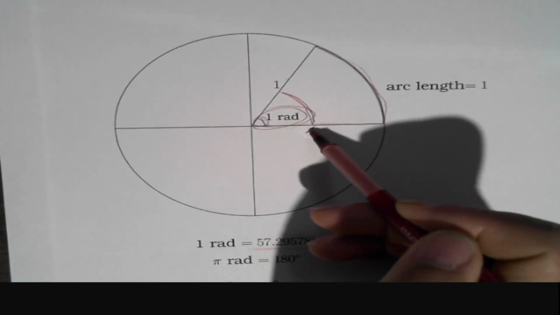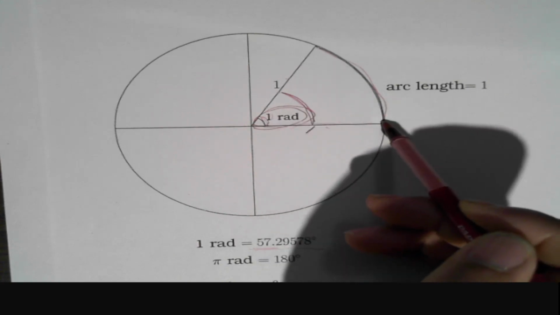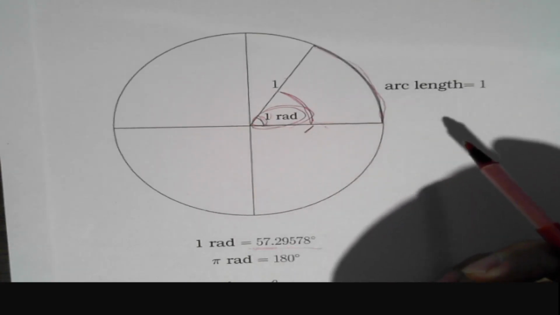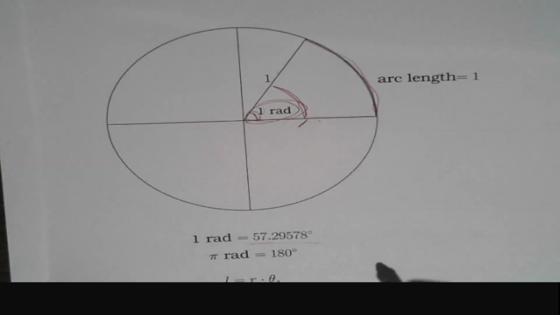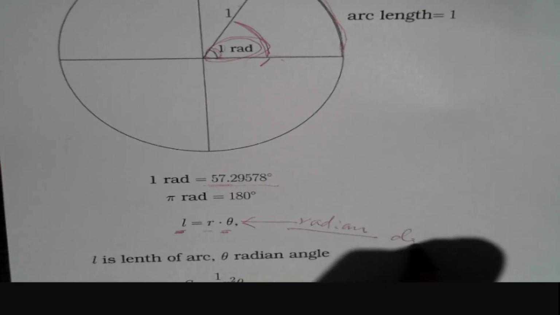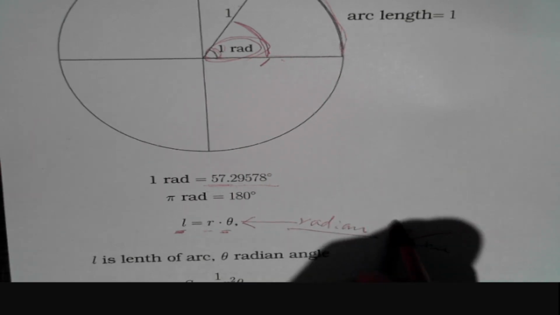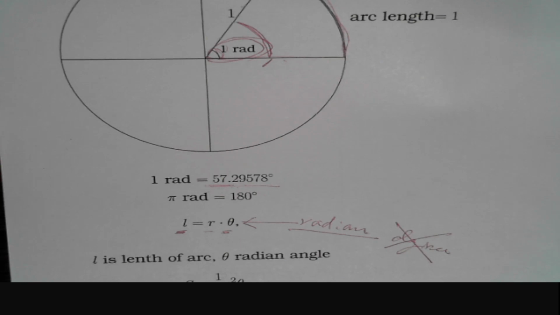In this case, 1 times 1 radian makes the length of the arc 1. So once you use a radian angle, you can get the length of the arc by radius times radian angle. Don't forget, this one is a radian angle, not degree. It has to be a radian angle.